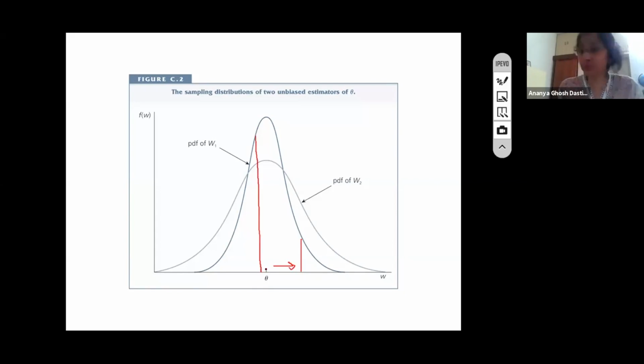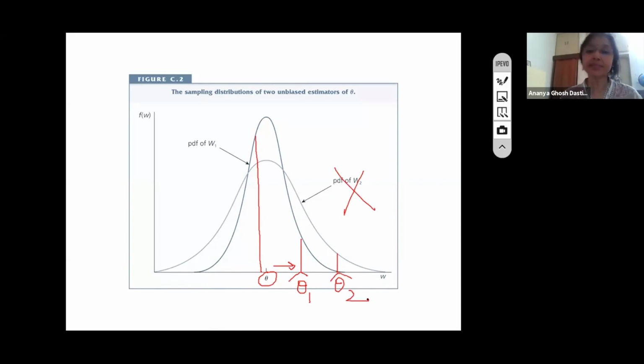We don't know because we don't see what theta is. But if I had a choice, I would never use W2. Why not? Because W2 can take me very far from theta. Theta is fixed. Theta is here. But the actual estimate that I will report could either be theta hat 1 or theta hat 2.